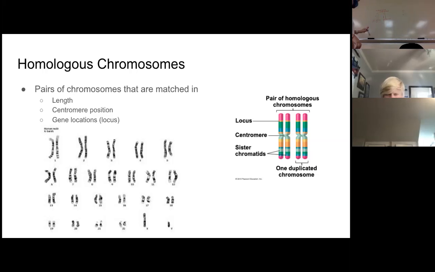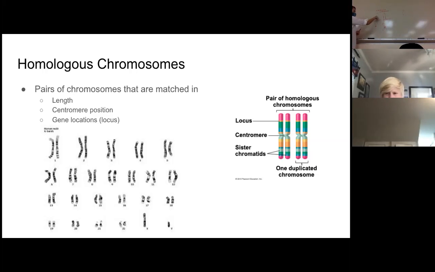When you go through interphase, in the S phase, what happens to your genetic information? It copies, it synthesizes. So after we copy our genetic information, we will have a pair of our homologous chromosomes, but they're both sister chromatids.